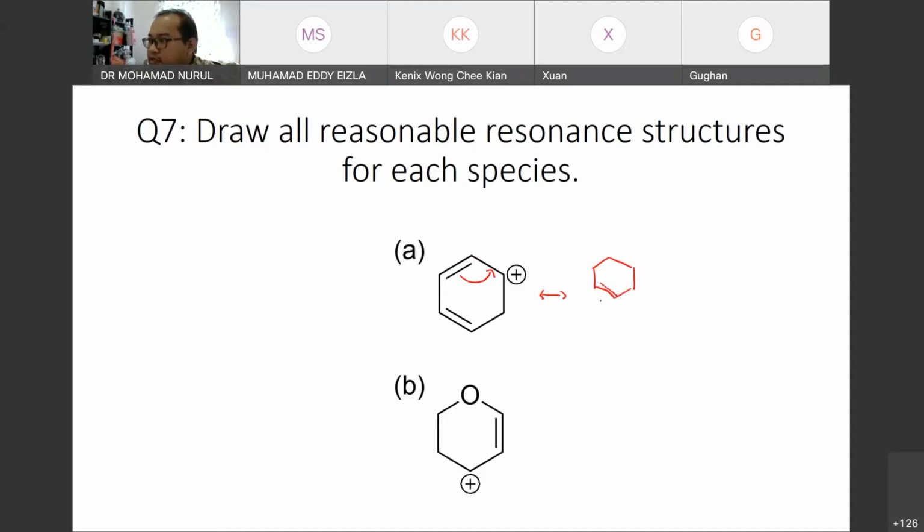Maintain this one because you have already moved this system. So the plus charge will be in this position. Another possibility that you can do is to move here, and so on, for the same species.